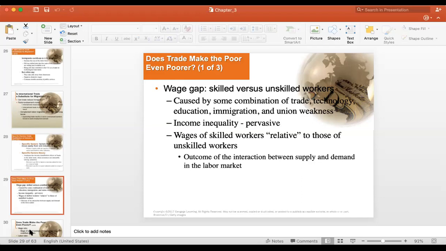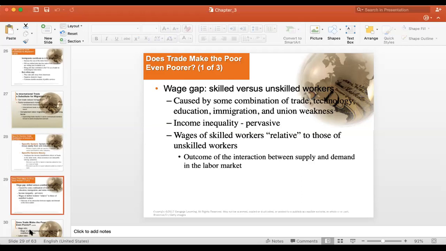Now, trade may be responsible for this wage gap, but only for a very small percentage. In other words, studies have shown, empirical studies, by the way, I'm not talking about haphazard conclusions or arbitrary conclusions.